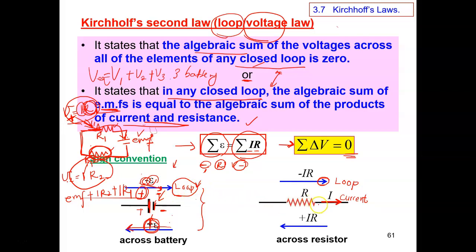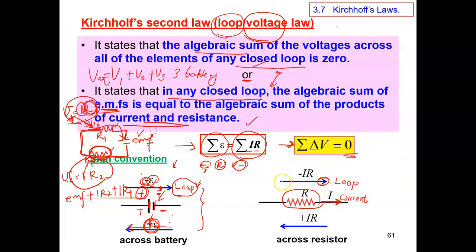But as for the resistor, this is the symbol of the resistor. As for the resistor, due to there is no positive or negative terminal in the resistor, I have to consider two directions, which is the directions of the loop and the directions of the current. Now, once again, the blue one is for the loop and the red one is for the current.